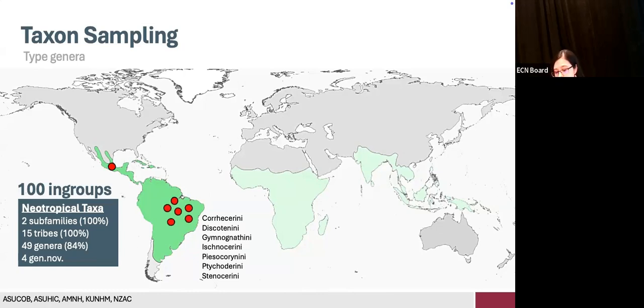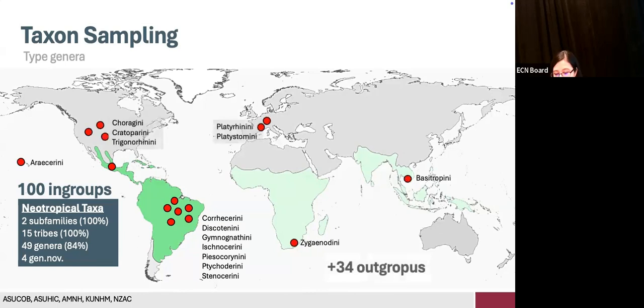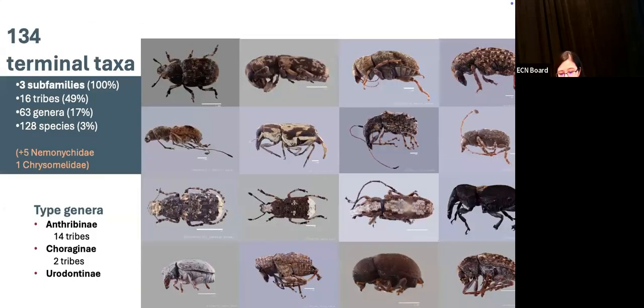I was also lucky enough to get all the type genera for all the tribes recorded in the Neotropics, and also the types of the tribes that have genera recorded in the Neotropics but were originally described from elsewhere in the world. So I was able to get all 3 subfamilies, 16 of the 33 tribes for now, 63 genera, and 128 species of Anthribidae for my analysis.